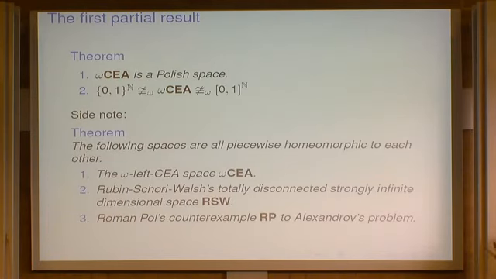Now, stuff which looks like this space has shown up before. That's just a side note. It has the same homeomorphism type as the Rubin-Schori space, a totally disconnected, strongly infinite dimensional space, and it also has the same type as Roman Pol's counterexample to the problem posed by the person named there.